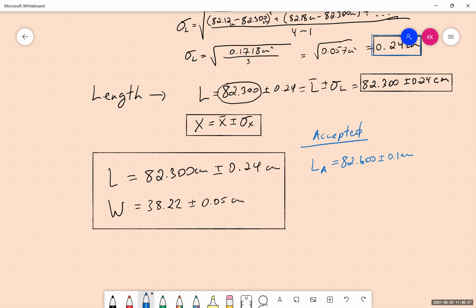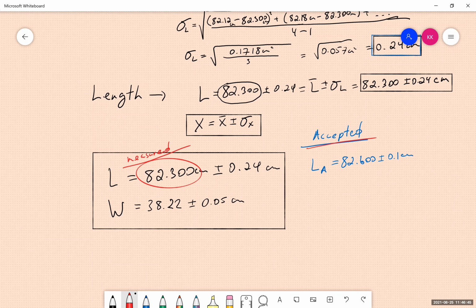And even when the computer does it, tiny as the standard deviation, there still will be one. All right, so this will be our measured value. This will be our accepted value.